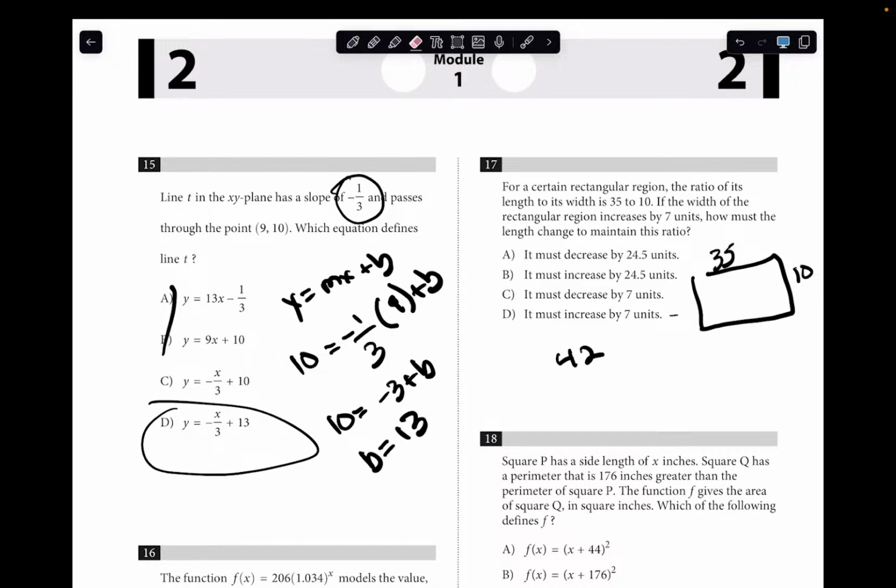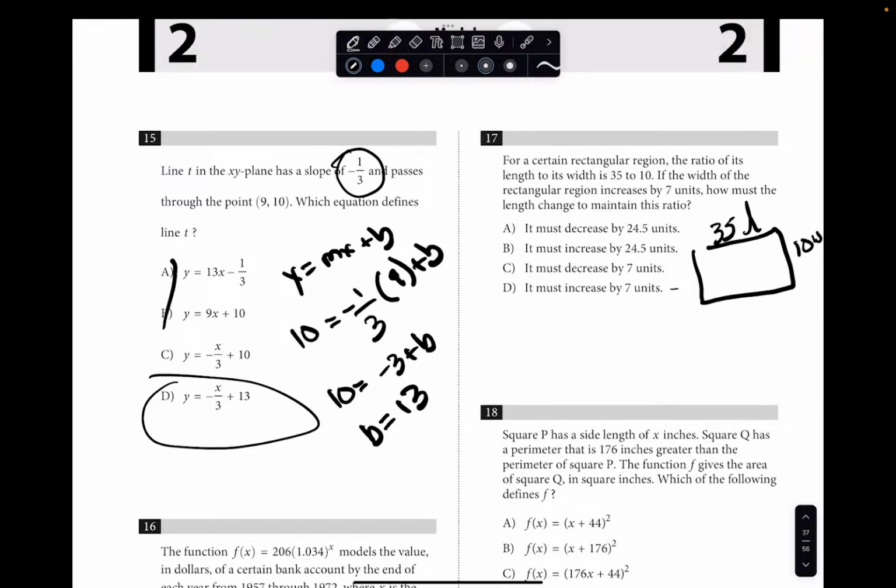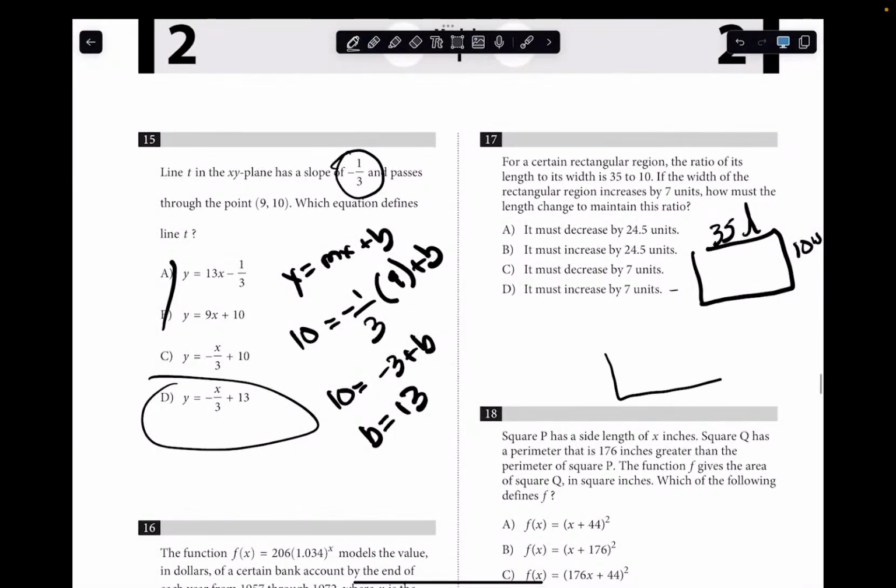Sorry, I misread the problem. Okay, so this is L times W, my bad. So if I have a new rectangle, and the width increases to 17, right, by 7 units, what must the length change to maintain that ratio?